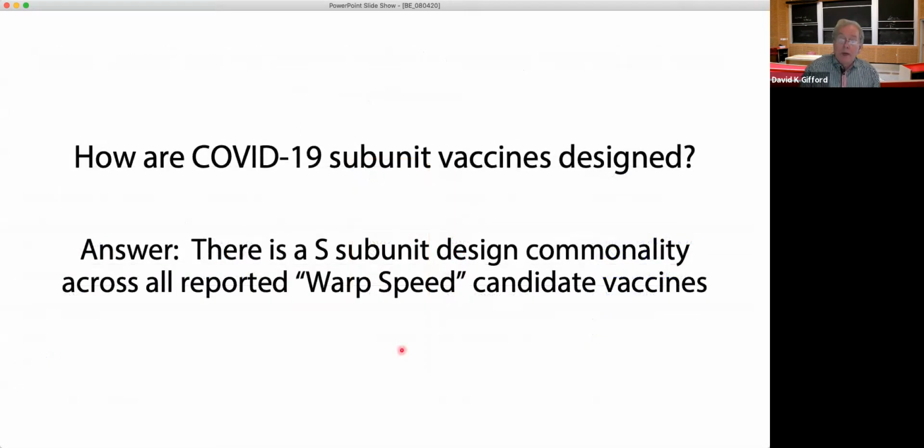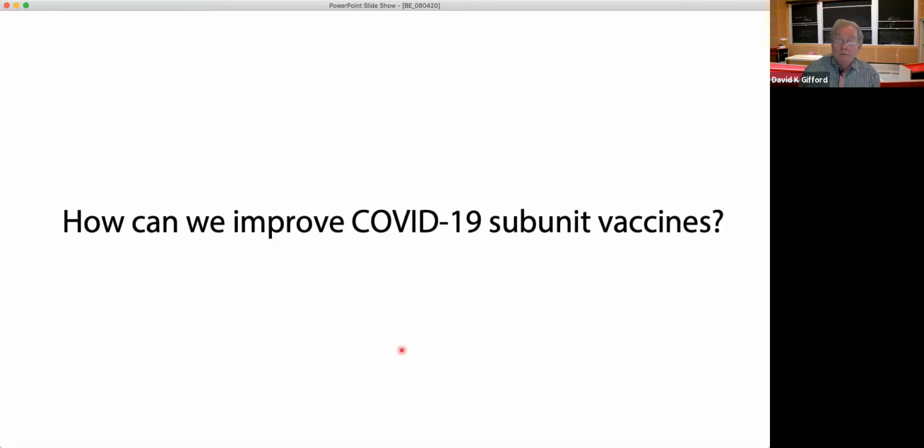So, how are COVID-19 subunit vaccines designed? The answer is that right now there's an S subunit design commonality across all these reported Warp Speed candidate vaccine designs. So, how can we improve these subunit vaccines?